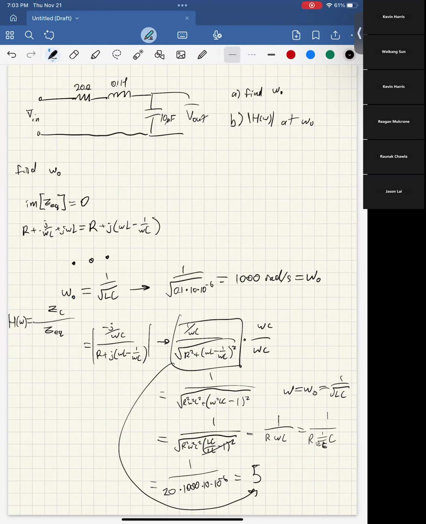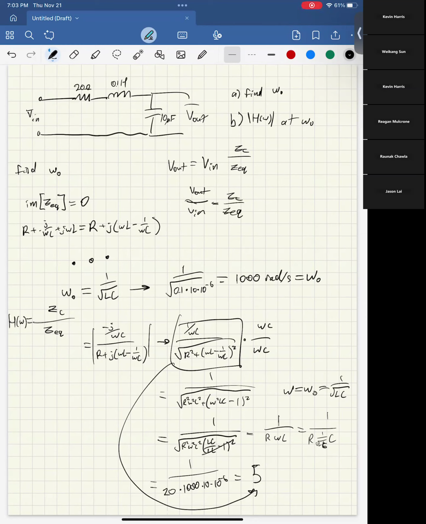You have, remember, V out in this case would be V in times ZC over Z equivalent, right? Because if you have a voltage divider, it's the thing you're looking at divided by the total resistance. And then here, if you rearrange this, you'd get that V out over V in equals ZC over Z equivalent.